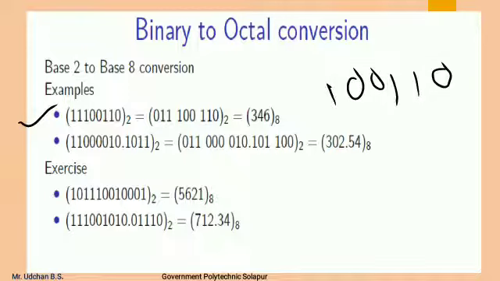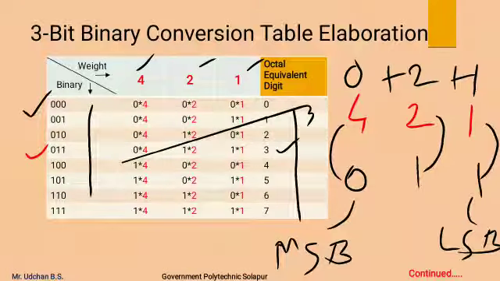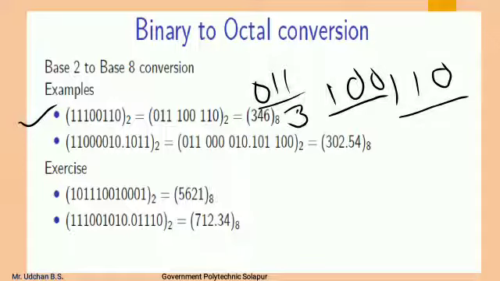After that 1 1, one bit is less to form a group of 3 bits, so we will add 0 to make a group of 3 bits. This will give you 3, this second group will give you 4, and this will give you 6, that is 3 4 and 6.